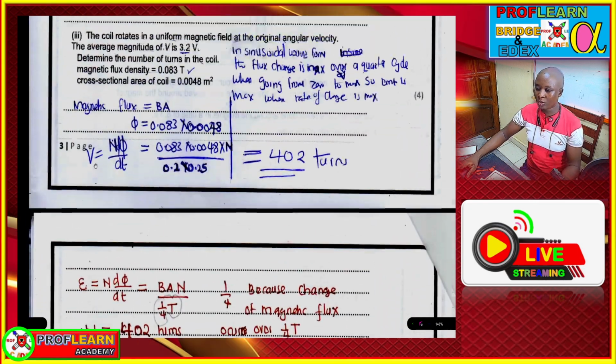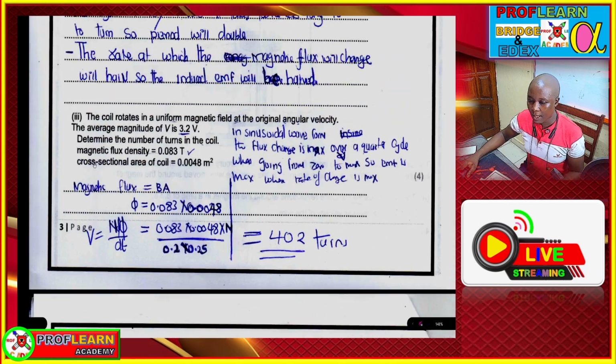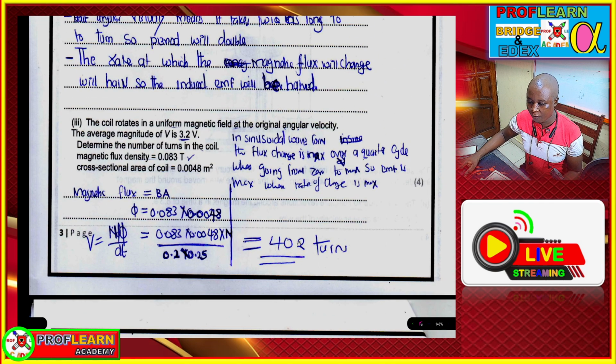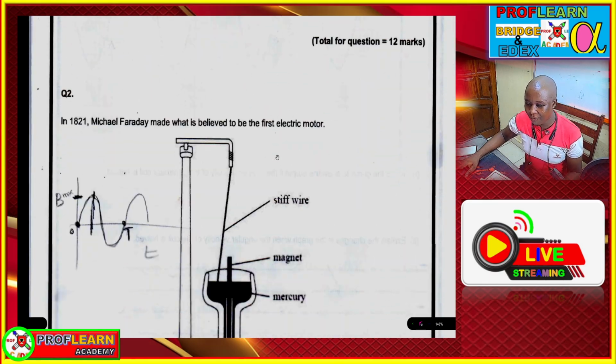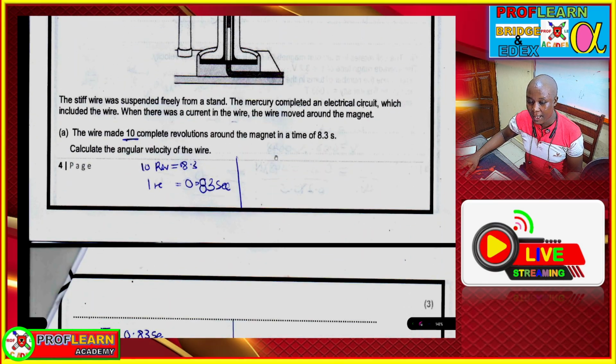And if you work it out, you are going to get the number of turns being equal to 402, because you are going to equate this value you have here to 3.2, the average magnitude of induced EMF that was given there. A quarter, because the change of magnetic flux occurs over a quarter of the period. I believe you are not going to forget that, guys.